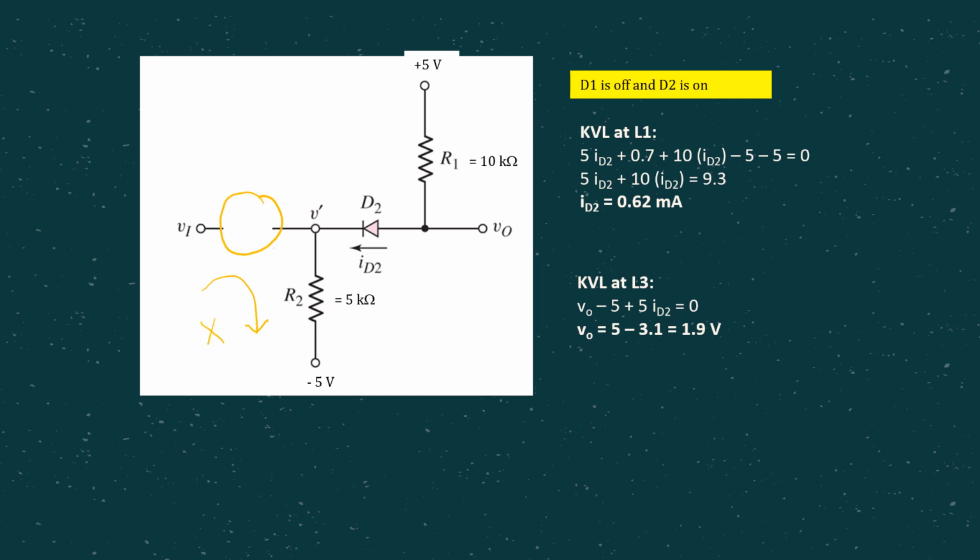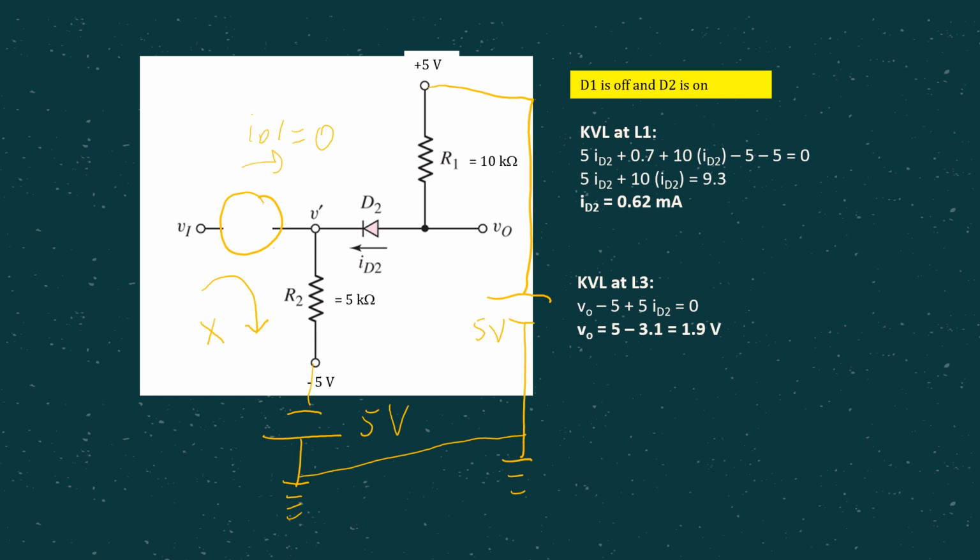So what you can do here, at this side you can still do KVL, because we are still having the complete circuit here. Remember just now, the same thing, we have 5 volt and we have another 5 volt here. But now we already know that ID1 is actually equal to 0. Why 0? Because there is no current since D1 is off.